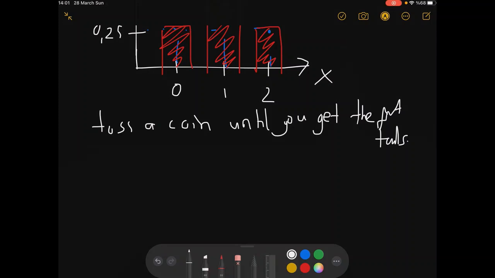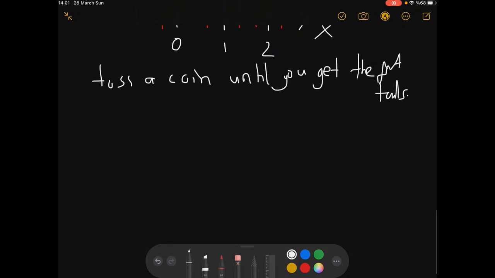How can you write the elements in this sample space? In this sense, you toss the coin until you get the first tails. So what could be your elements here?